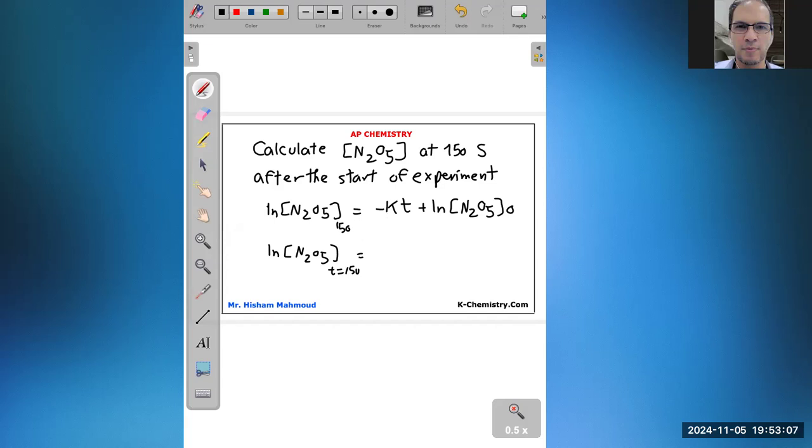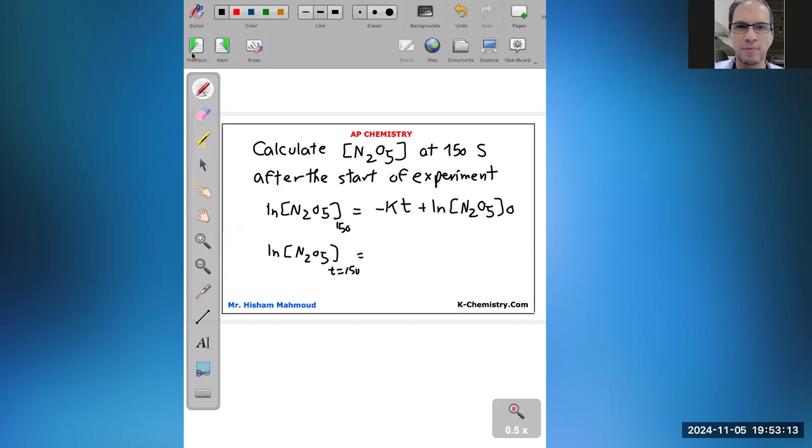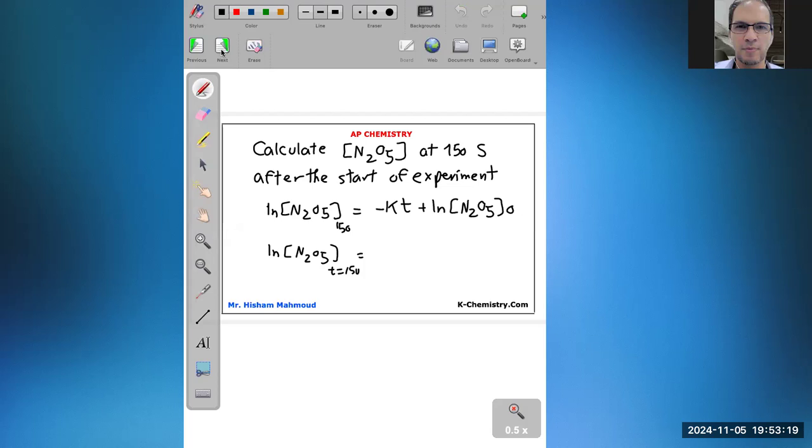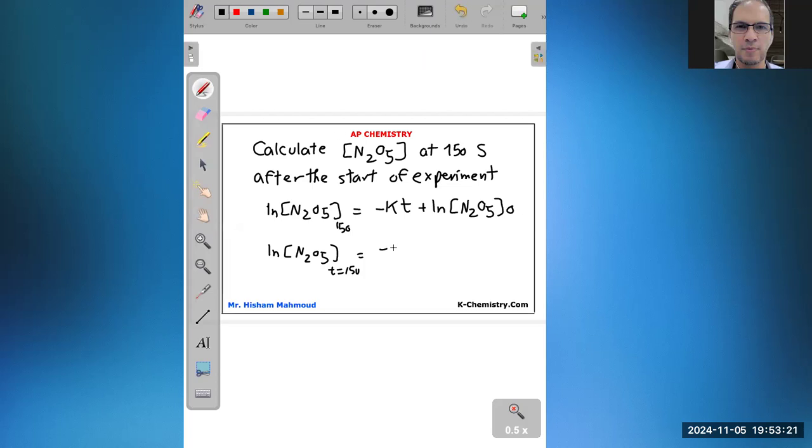We just found k from the previous one, and it was 6.93 multiplied by 10 to the power of negative 3, so we keep the negative here, multiplied by the time, 150.